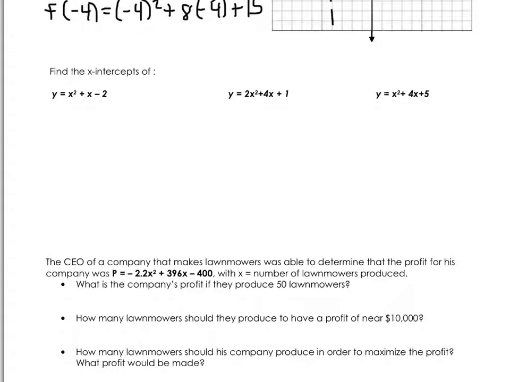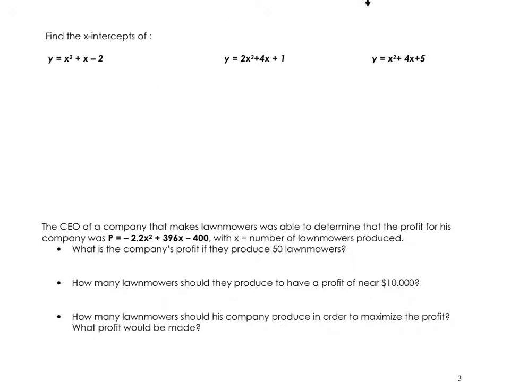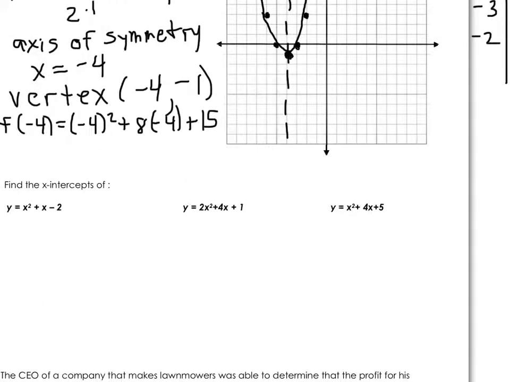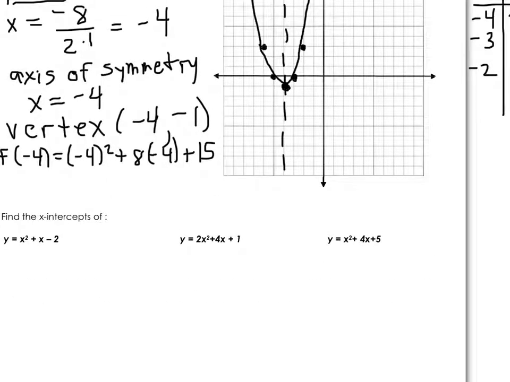Find the x-intercepts of these equations. Now, it doesn't tell us to graph it. We don't have to graph it. We have to find the x-intercepts. Let's go back up and look at this graph and think about these x-intercepts.